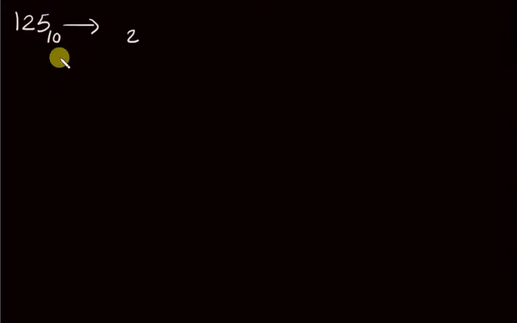First of all, we are going to divide 125 by 2, and whatever remainder comes here is going to be the numbers of your binary. Instead of confusing you, I'm just going to show it here.